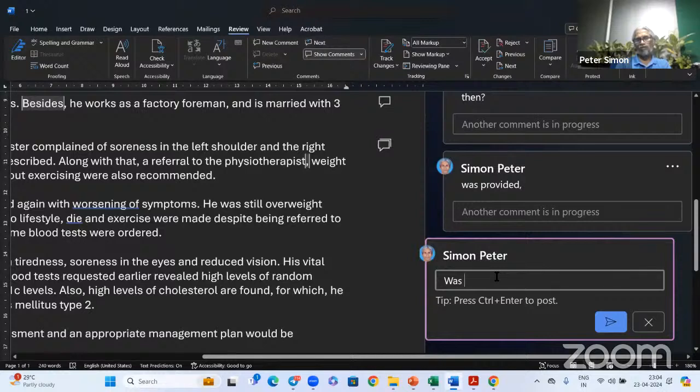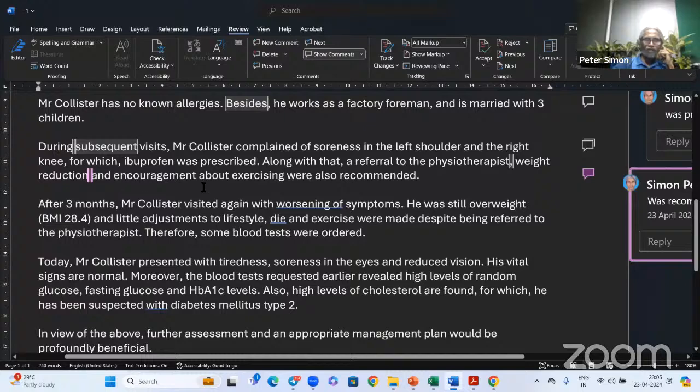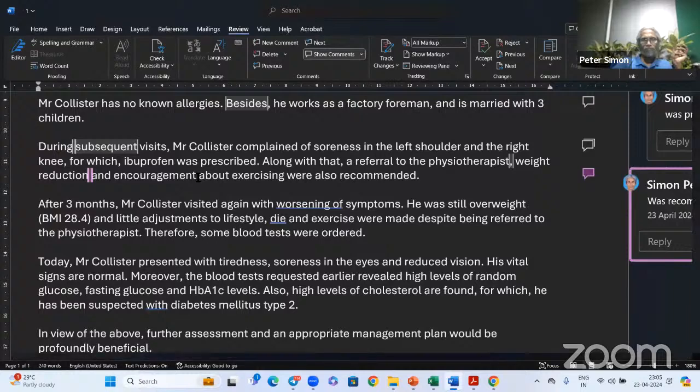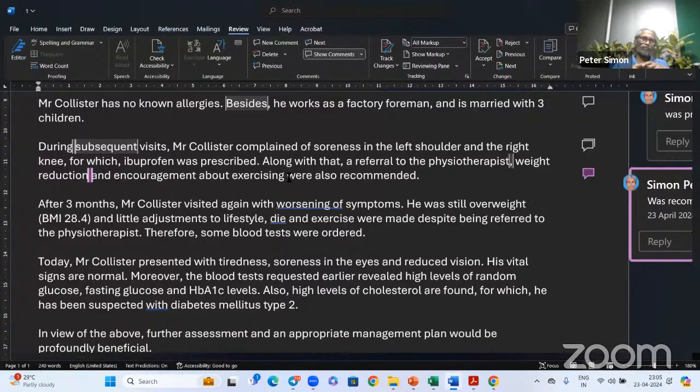And encouragement about exercises, or encouragement about exercising, was offered. Encouragement was given.